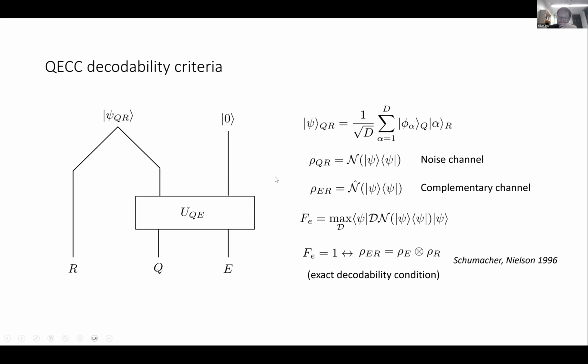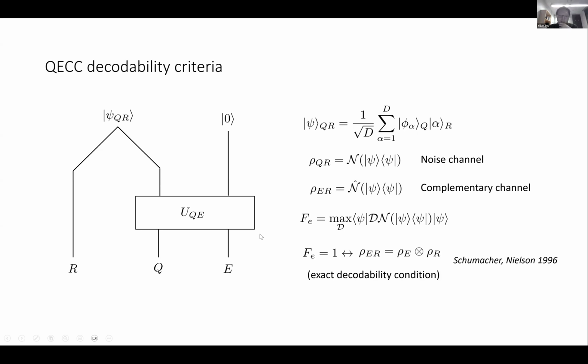You want the quantum system to go through some noise channel, and we know that a noise channel can be written as a unitary transformation between the quantum system and some environment. So you have an environment initialized into 0, and you use this unitary transformation to couple the system with the environment, and then you trace out the environment, and that gives you the noise channel. And if you trace out the quantum system instead, rather than the environment, that gives you a complementary channel. That's just a name.